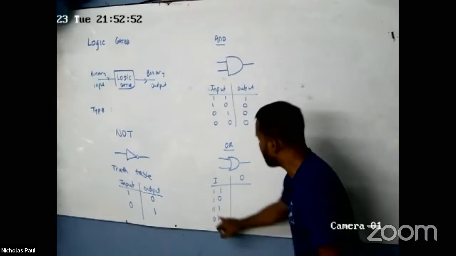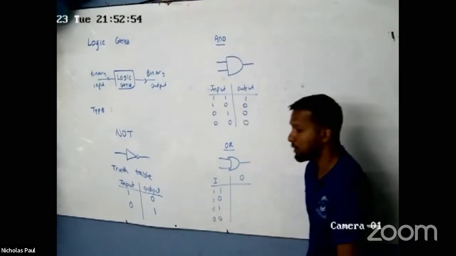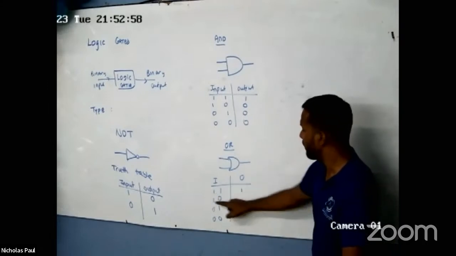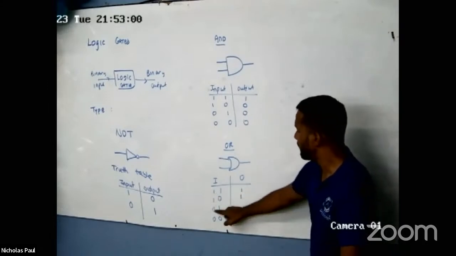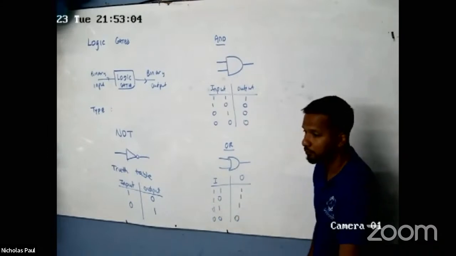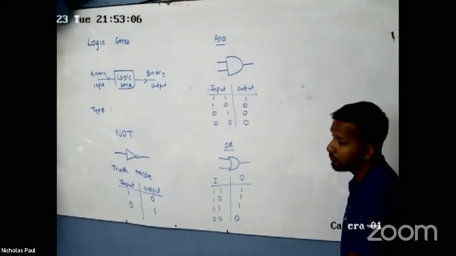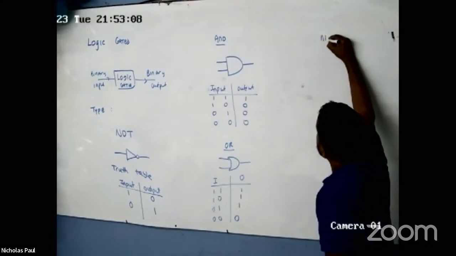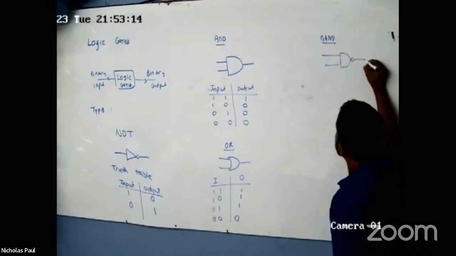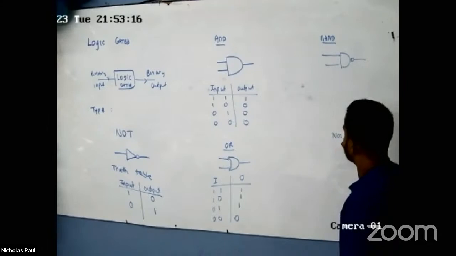The difference with the OR gate is that once you have a 1, you'll get a 1. So 1 or 1 gives you a 1, 1 or 0 gives you a 1, 0 or 1 gives you a 1, and 0 or 0 gives you a 0. And then you have two more gates: the NAND gate, which looks like this, and the NOR gate.